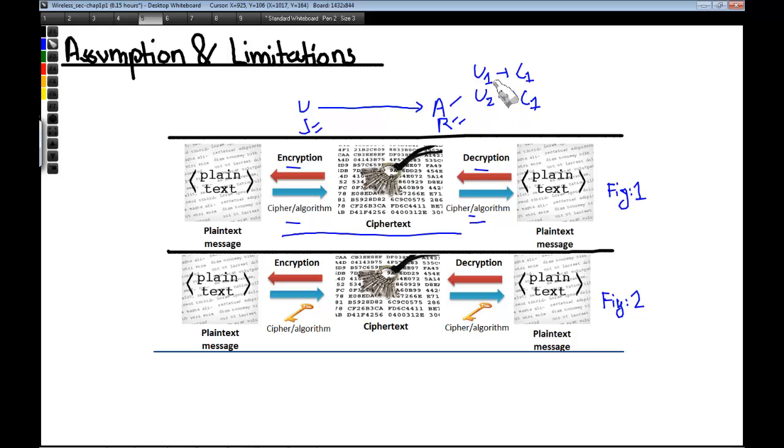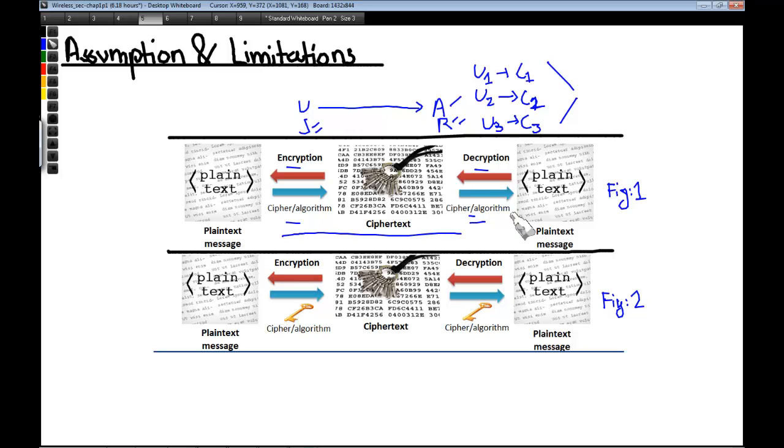Then when the company decides to install new ciphers for each of its customers, like C1 for U1, C2 for U2, and if a third customer comes with C3, then the system will grow huge. It will take a vast amount of space just to store these ciphers.